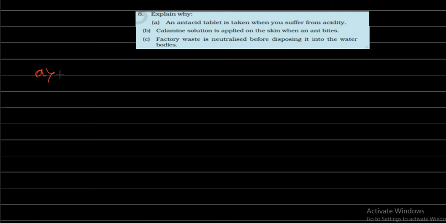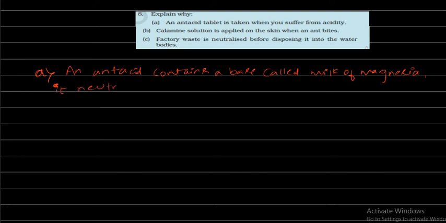What is that antacid? An antacid contains a base called milk of magnesia. It neutralizes the effect of HCl.